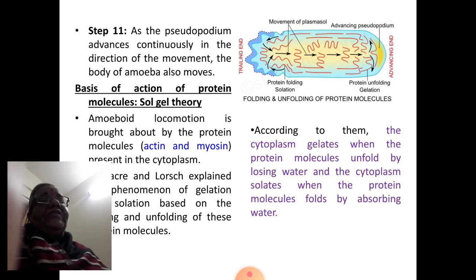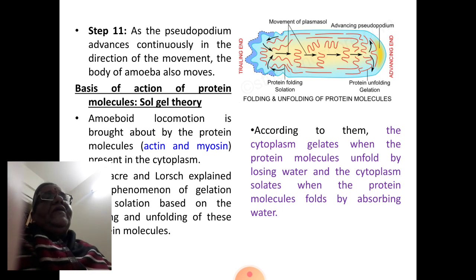So the cytoplasm, that is endoplasm, that is plasma sol, gelates when the protein molecules unfold by losing water, and the cytoplasm solates in the opposite end when the protein molecules fold by absorbing water.